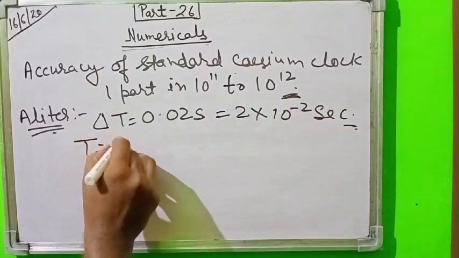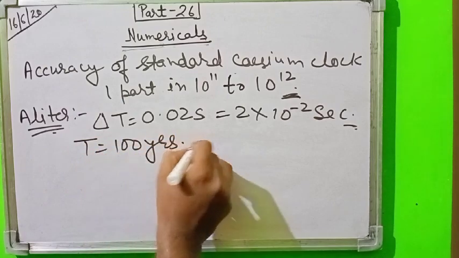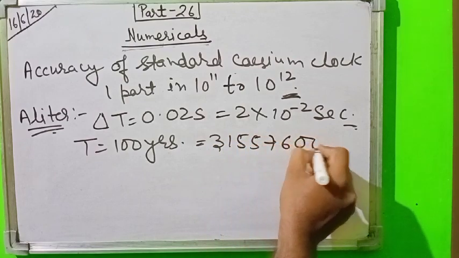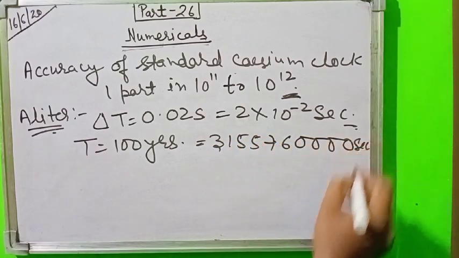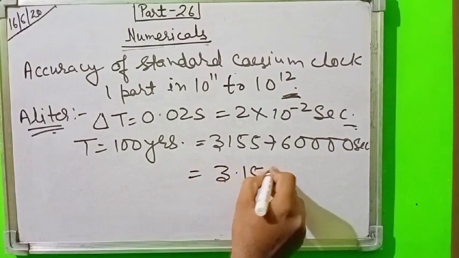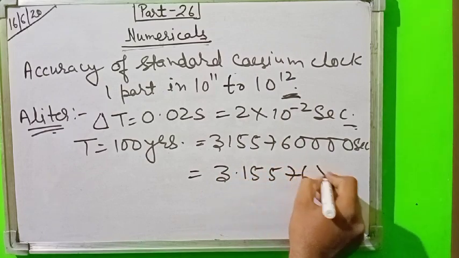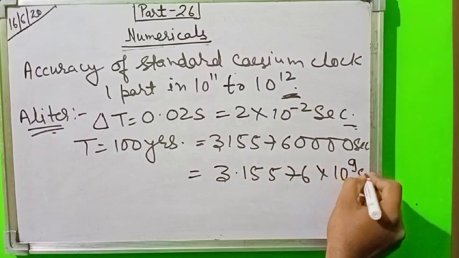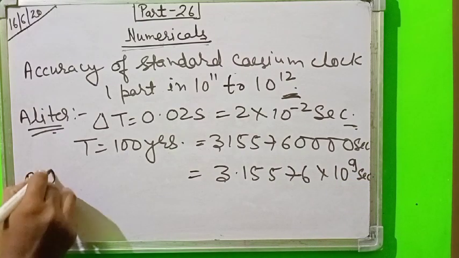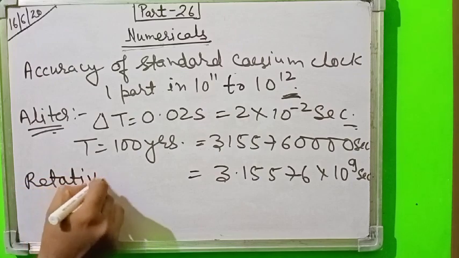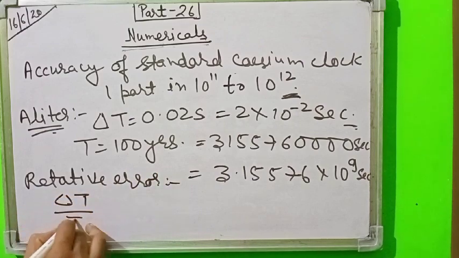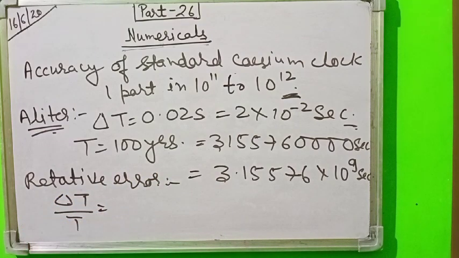T is equal to 100 years, which is equal to 3.15576 into 10 to the power 9 second in scientific notation. So relative error is equal to delta t upon t.